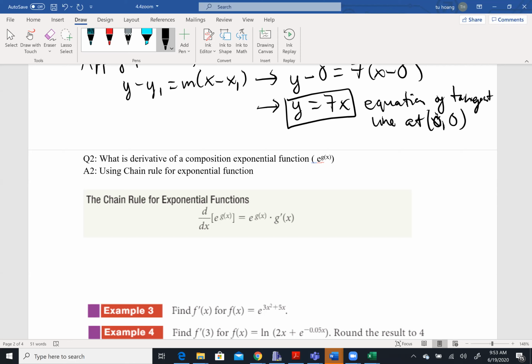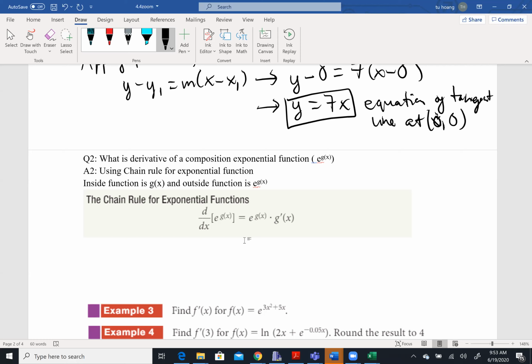So in this case, the inside function is g, and the outside function is e to the gx. So the formula is going to be e to the gx multiplied with the derivative of the power, right?